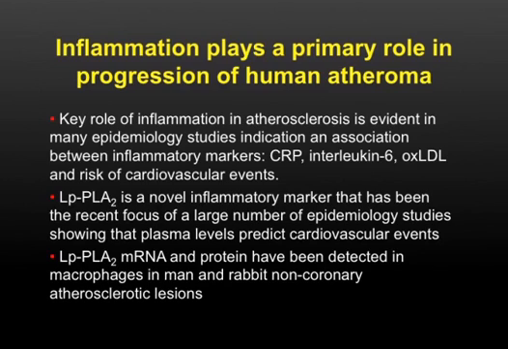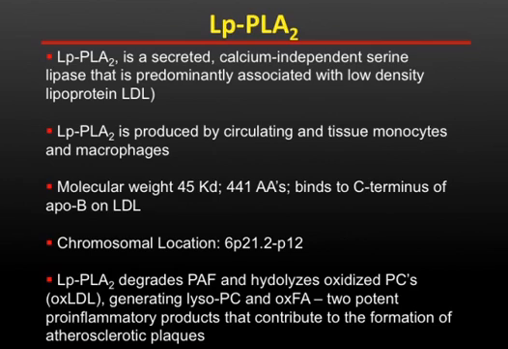PLA2 is a novel inflammatory marker that has recently been a focus of a large number of epidemiologic studies showing that plasma levels predict cardiovascular events. PLA2 messenger RNA and protein have been detected in macrophages in man and in rabbit non-coronary atherosclerotic lesions.